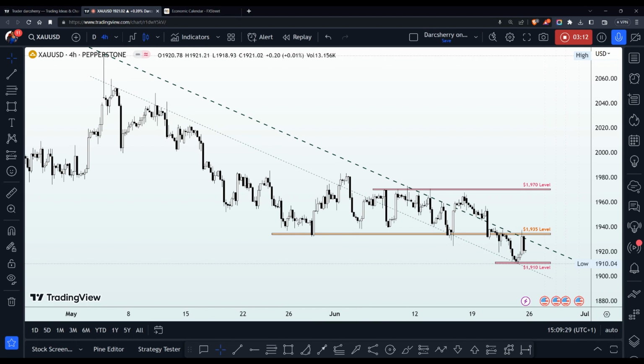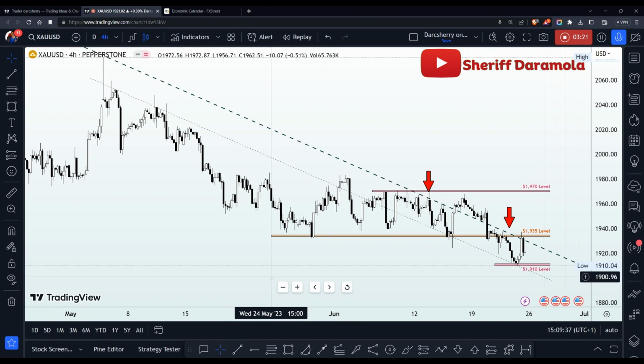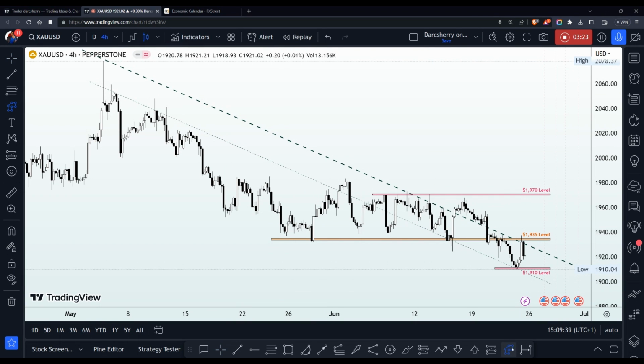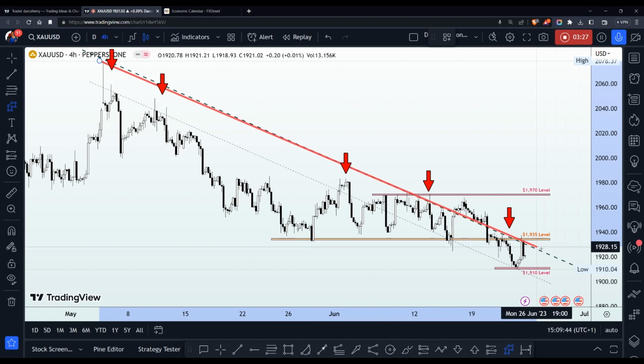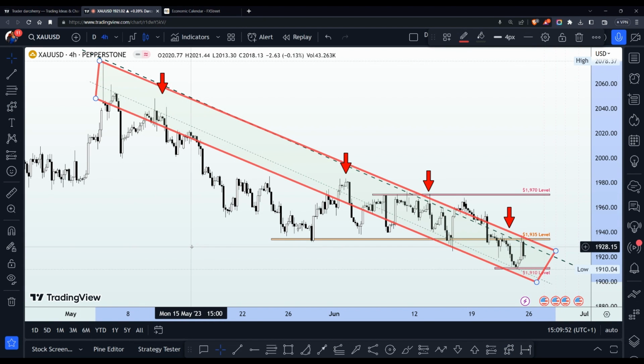And the very obvious thing you will see on this chart is the fact that price action has been very bearish. To emphasize the strength of the sellers in this market, I was able to connect the series of lower highs, as you can see here, and in fact I have a couple of trend lines here which have been supporting this bearish momentum in the last 6 to 7 weeks.